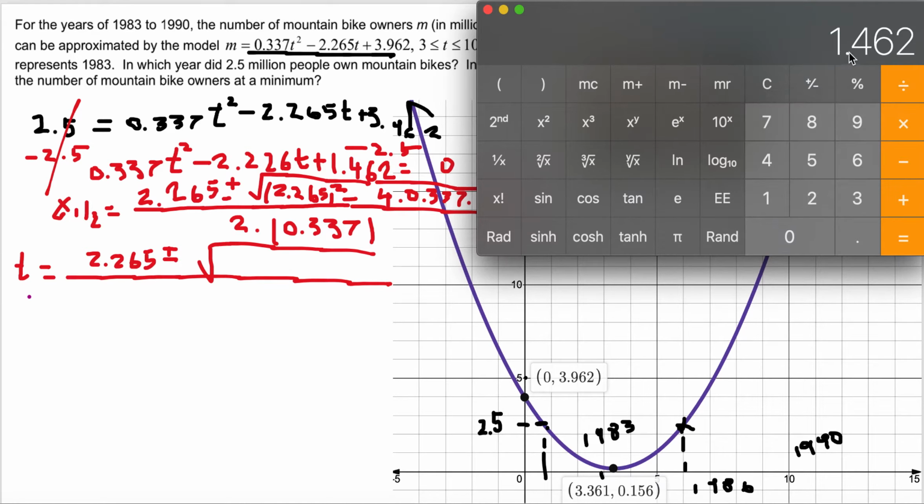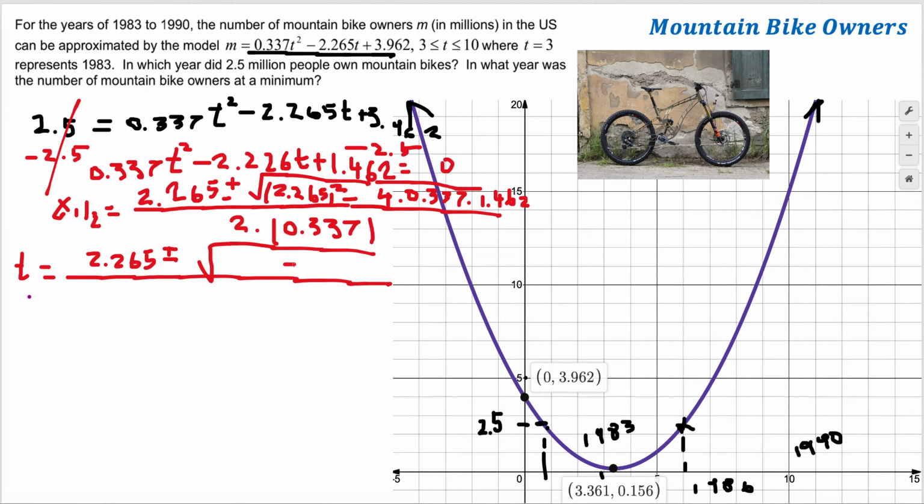First of all, because I have 1.462 here, this number c, I'm multiplying by 0.337 times 4, and I get 1.97, and here is a minus 1.97. So I am approximating this number, and probably when I get the result, I'm not going to get a very exact, but some approximate values.